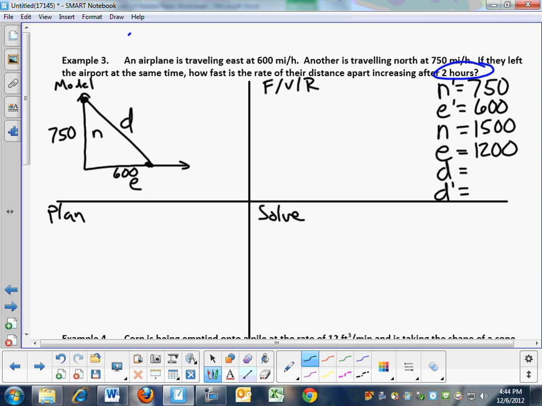Do we know d? We could figure it out. Do we have to? Well, let's see. What type of relationship could we set up for this? Well, it looks like I have a right triangle, so I could use the Pythagorean theorem here, namely that d squared is equal to e squared plus n squared.